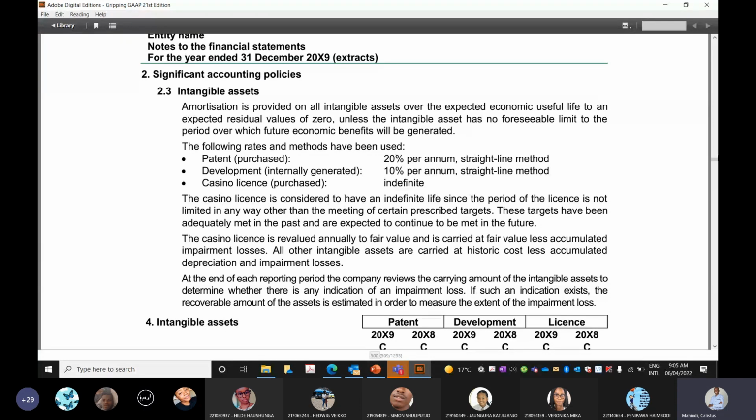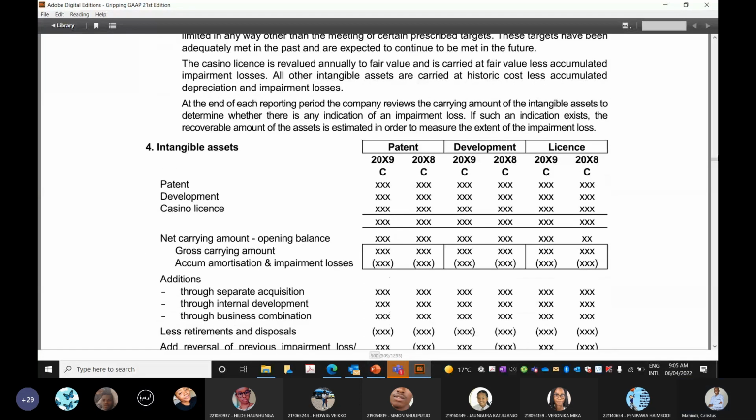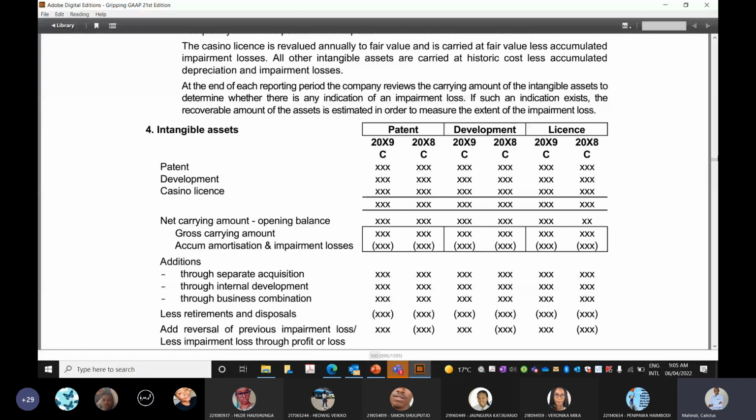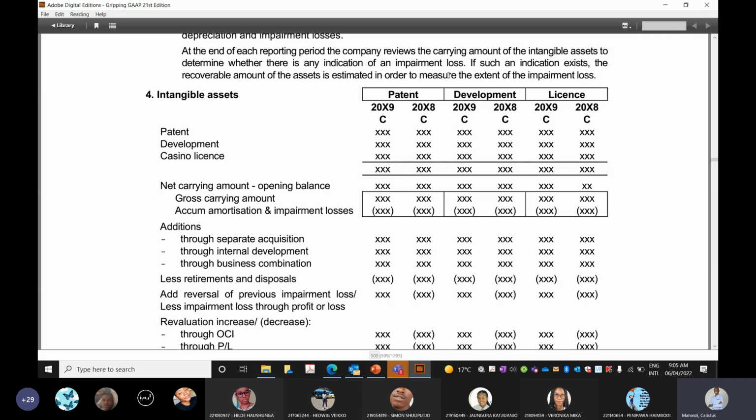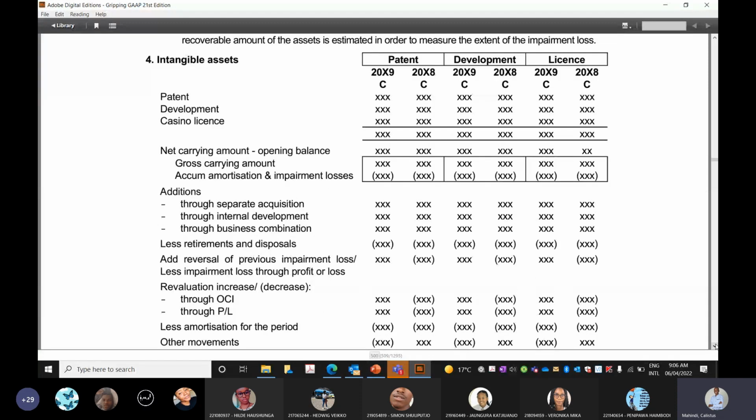Okay. So now the important thing that you have here in your intangible asset note, we can see in this example there are three intangible assets. You have a patent, you have development costs, you have the license costs. All right. So obviously in this instance you have 2 years.